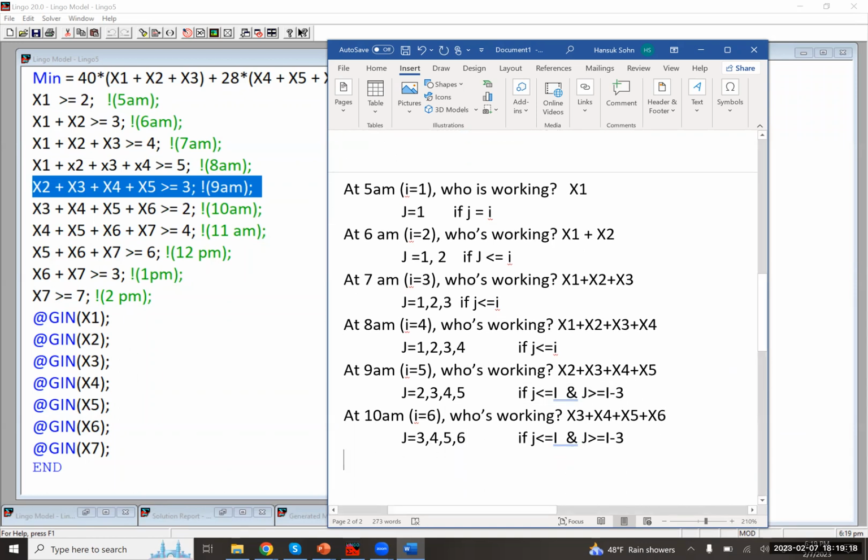How about at 11 a.m.? I equals 7. Then who's working? X4, X5, X6, X7, right?